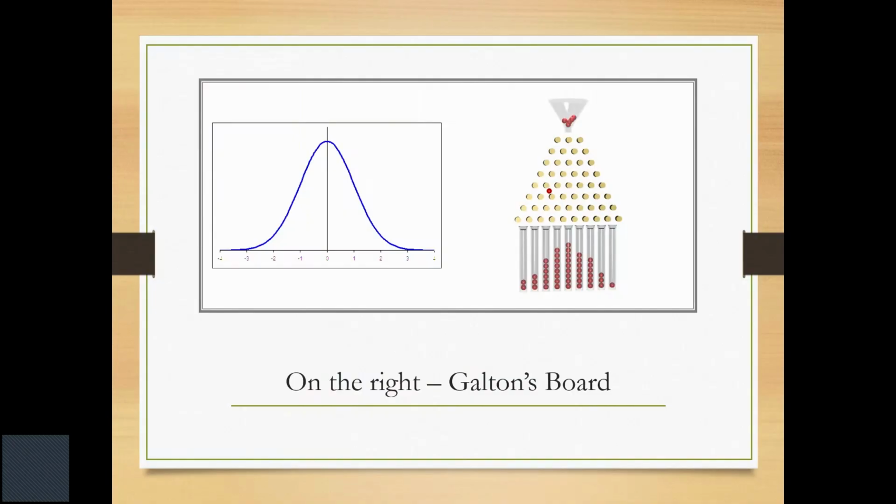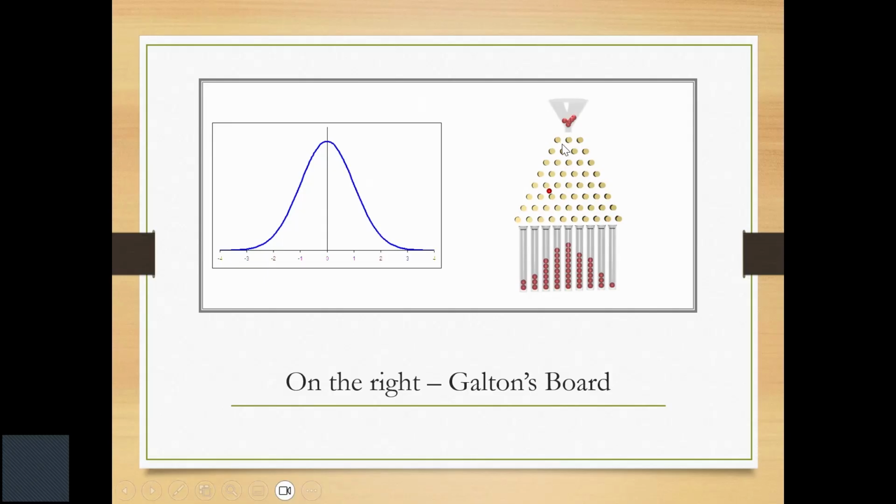So how do we get these density functions? Well, you might have seen this before. On the right is a picture of something called Galton's board, and it's a series of pegs, and you drop a marble in the top, and you can see that it's going to hit this middle peg, but then it has to go either to the left or the right, okay?